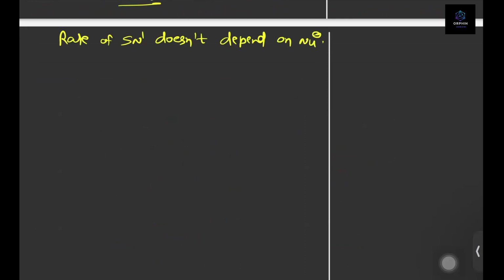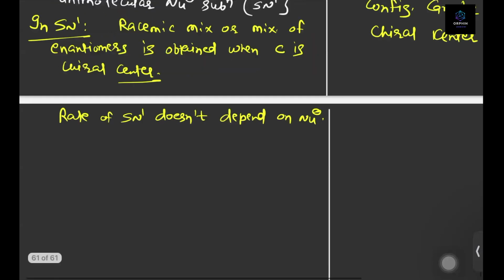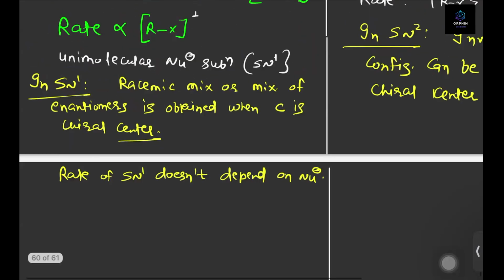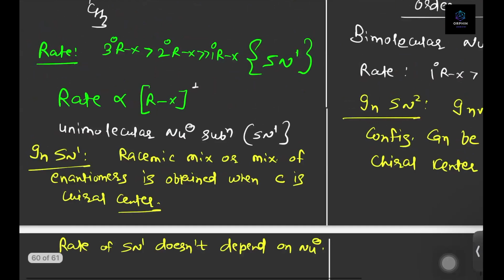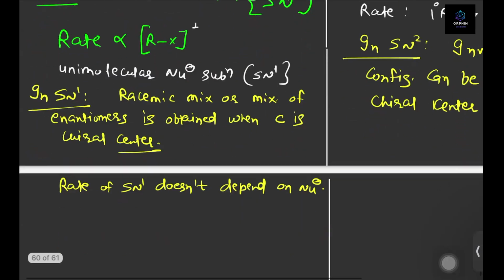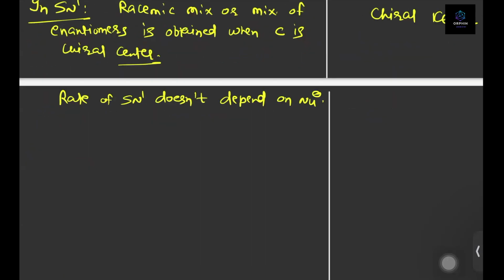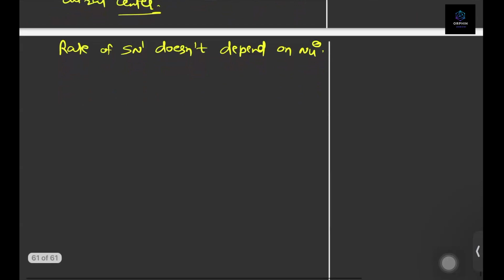Even if you take a strong nucleophile, the rate won't be affected. If you take 5 gram of nucleophile or 10 gram, increasing the concentration, we won't see any change in the rate. This is what happens in SN1.